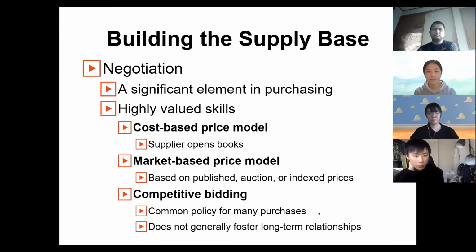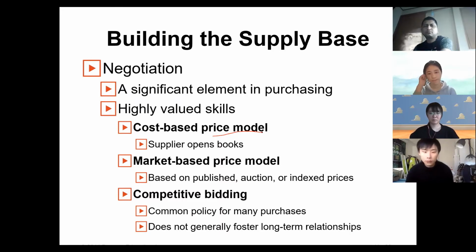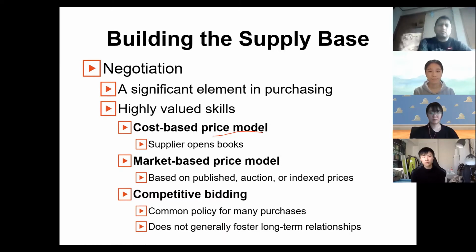So there are three kinds of negotiation strategies that are actually used by purchasers, okay, purchasing. One is the so-called cost-based price model, okay? Cost-based price model based on what the supplier offers to you. The supplier opens its books to the purchaser, and then the contract price is based on the time, the material, or whatever components that have been assumed, okay?